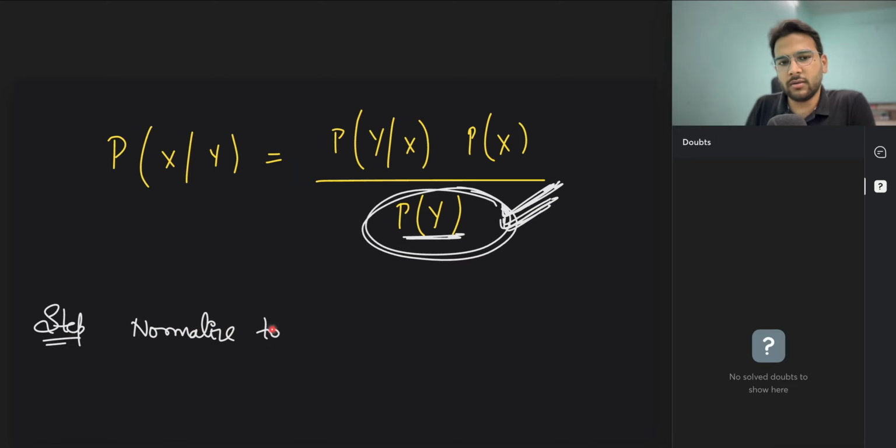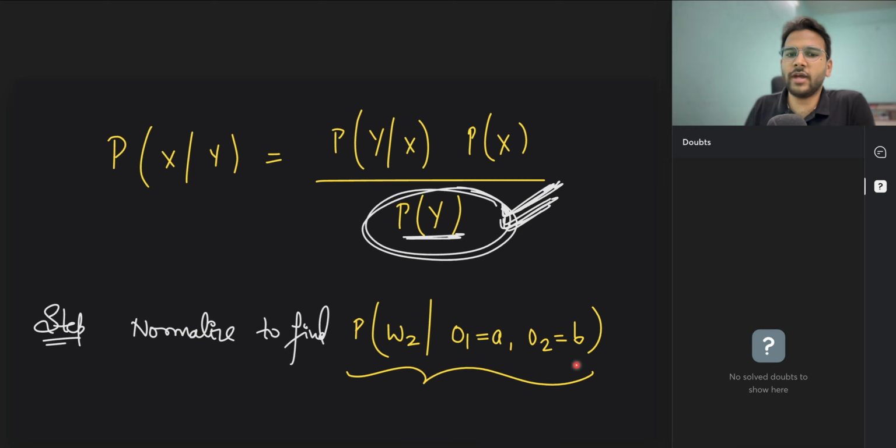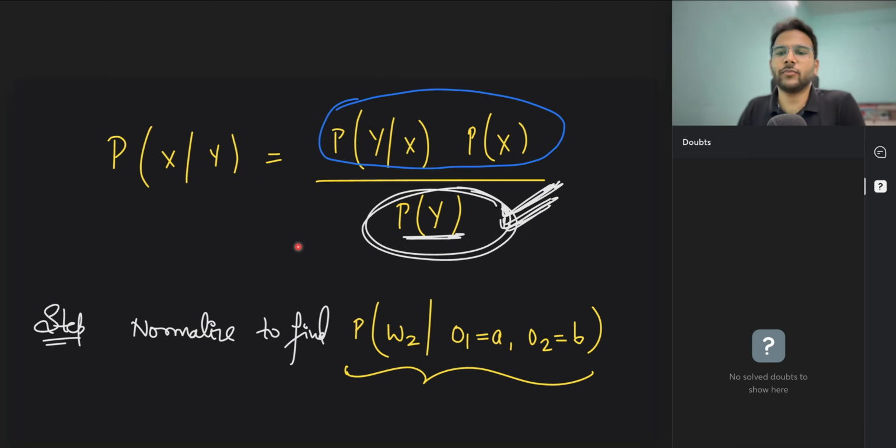Normalize to find what? Probability of W2 given O1 is equal to A and O2 is equal to B, because this is what we have to find, finally. Is this clear? So what we have evaluated so far, if you carefully observe, this is nothing but x intersection y, just the numerator part.